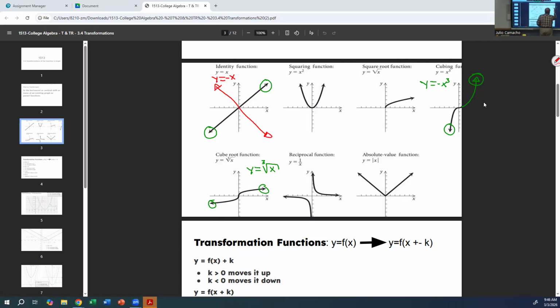If that is negative, y is equal to negative x cubed, or this one will be y is equal to the negative cubic root of x. It will be the opposite. And if it's negative, it will rise in the left and fall in the right.